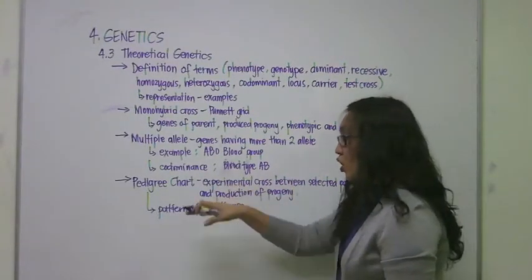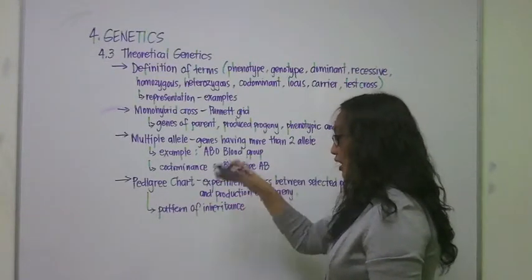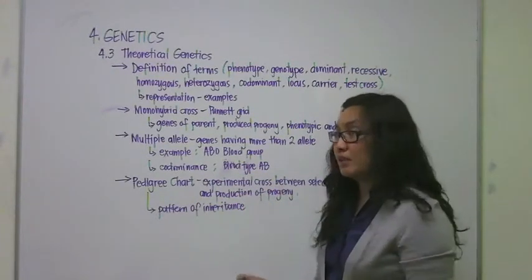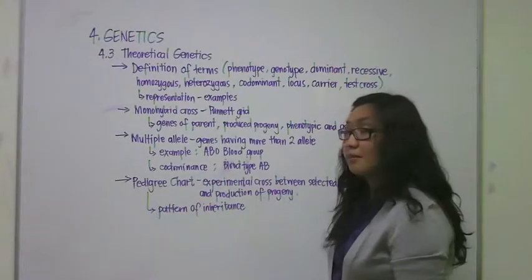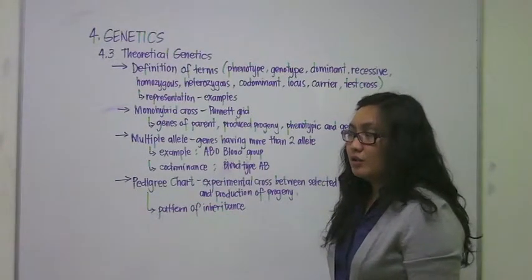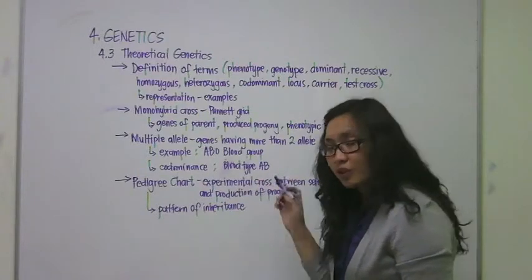We can show the pattern of inheritance using a pedigree chart if we use symbols, because a pedigree chart uses symbols only. It uses a square for males and a circle for females.